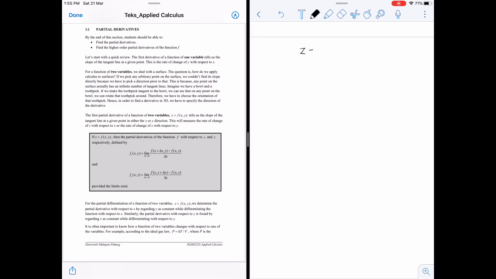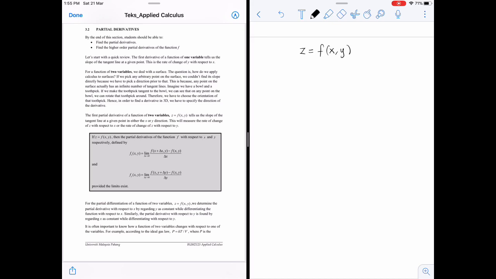where we are dealing with a surface z, represented by a function of two variables x and y. So we can find the derivative of a function f either with respect to x or with respect to y at one time. We call this first derivative a partial derivative.